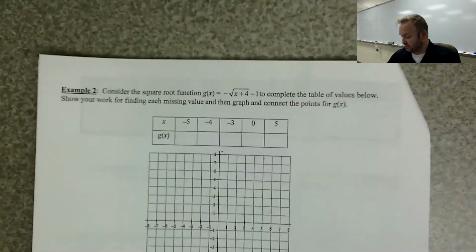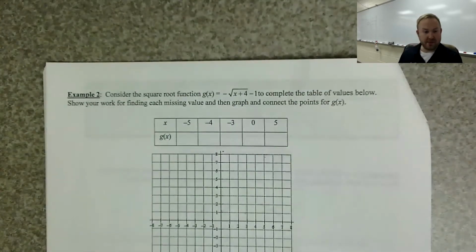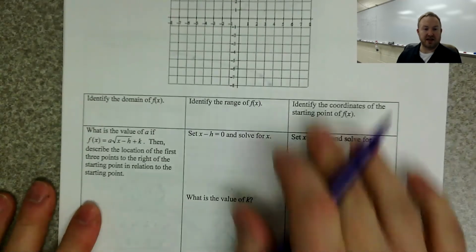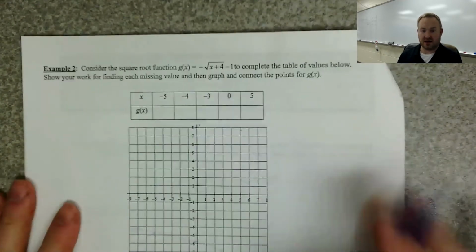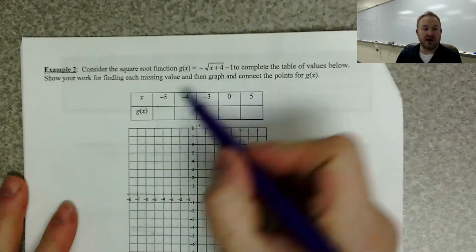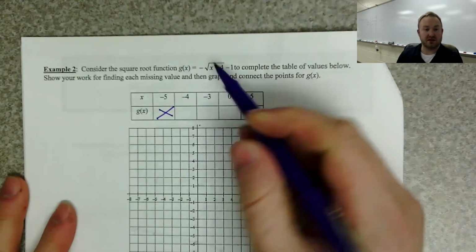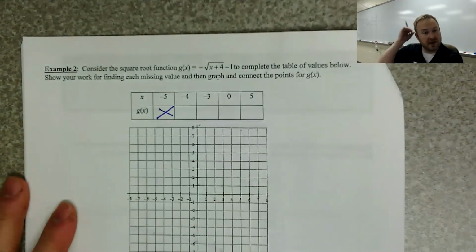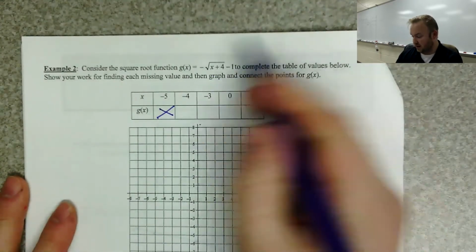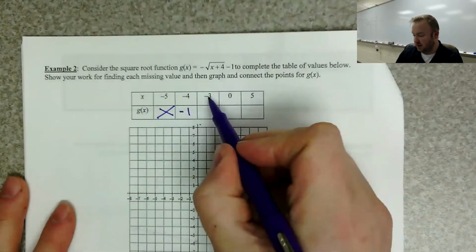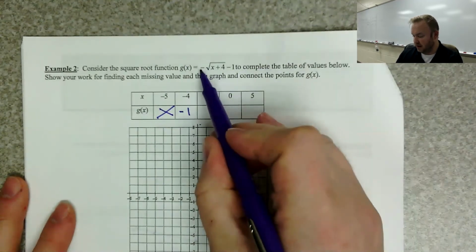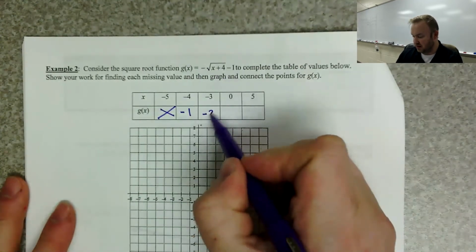Okay. We're going to do a few more of these. And I'm not necessarily going to do every single step of this down here because I don't think it's necessary. If we plug in these points, if I try to put -5 in there, I'm going to get a negative under my square root, so no thanks. If I put -4 in there, I will get 0 minus 1, which is -1. If you plug in -3, you'll get -1 minus 1, which is -2.